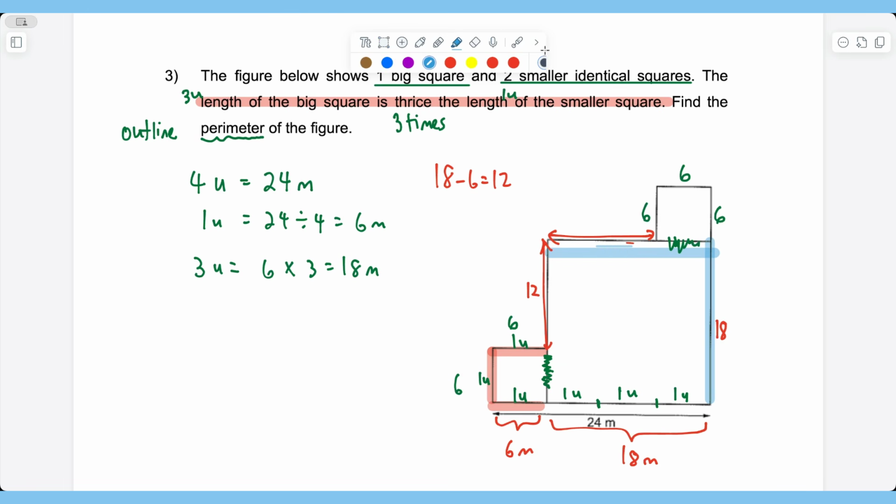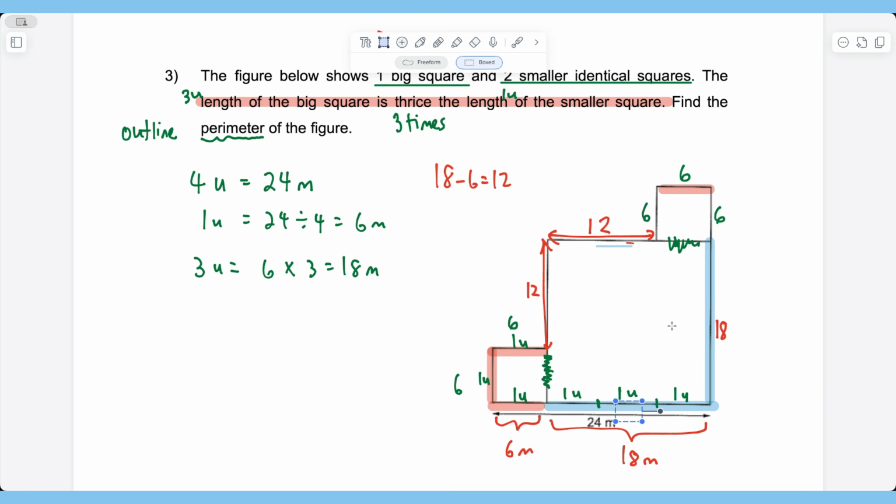And then we have a 6 here. Okay, I'll just bring this down. This is 6. So how do we find this horizontal red line with the arrows? It will just be 18 minus 6. Again, 18 minus 6 is 12. So we are able to find the length of all the sides.